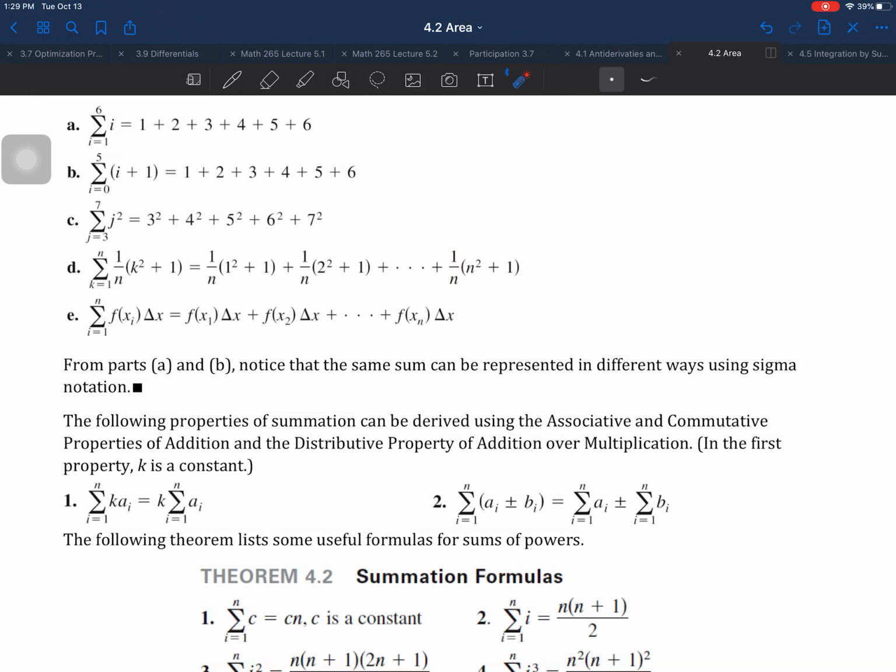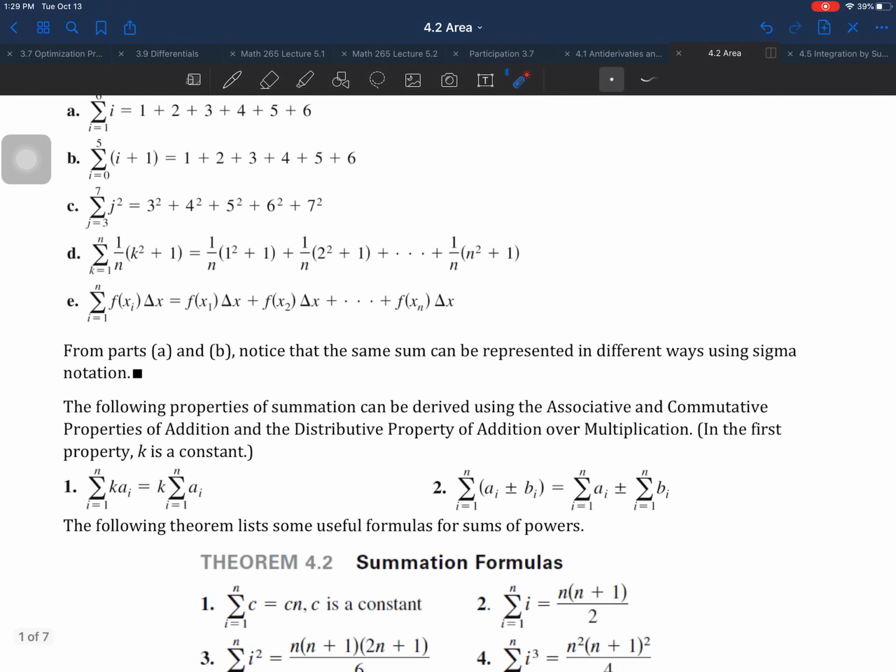Similarly over here, which is what we're going to see more often in our class, you have a function, n times delta x, and here your index is i. What's happening here is that this is changing. So first i equals 1, so that'll be f of x sub 1 times delta x. Then plug in 2, f of x sub 2 times delta x.